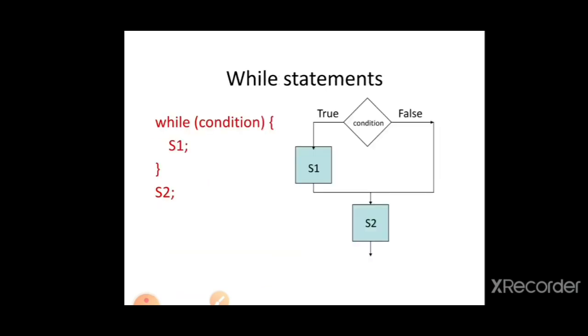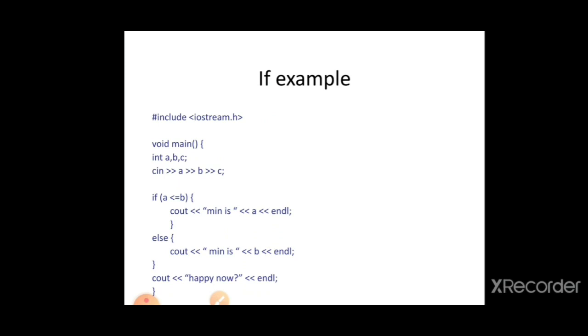Next we are going to see about while statements. So you have to understand the programming structure, header files, variable declarations and the logical part of the program. This is the introduction to the C++ program. We have discussed what a C++ program is, what the program structure is, and how to execute a C++ program. Once you have typed your program in the Turbo C++ editor, you have to compile your program.